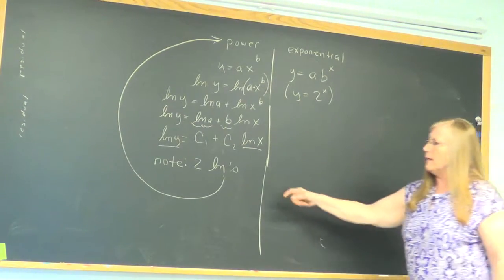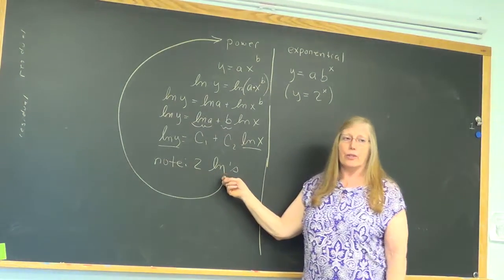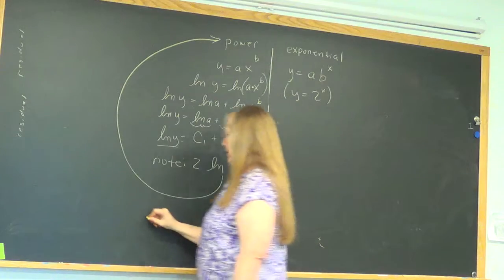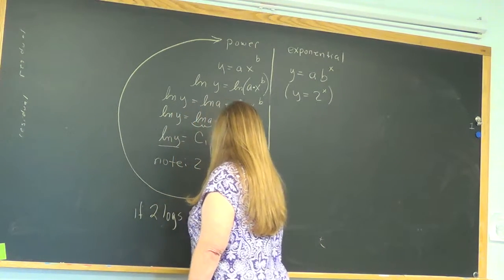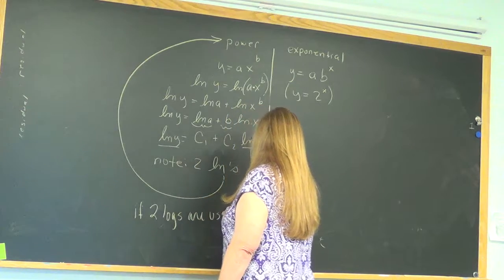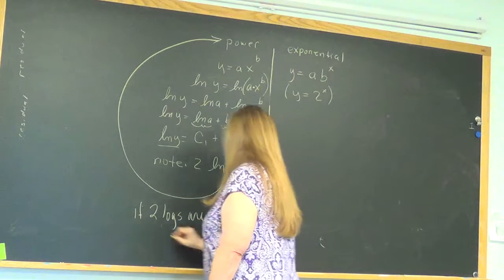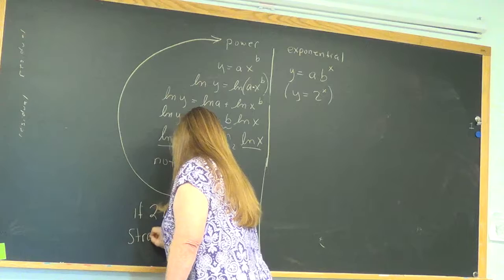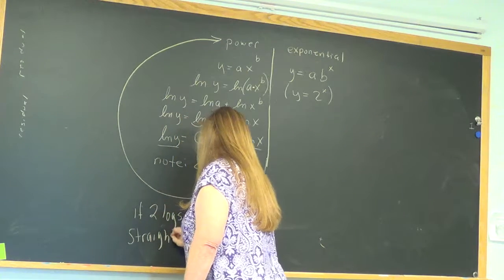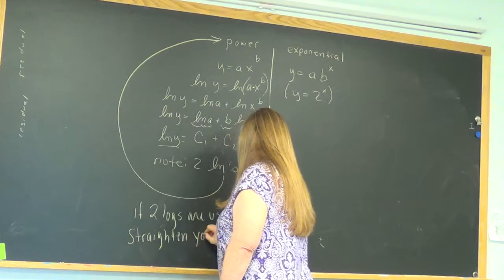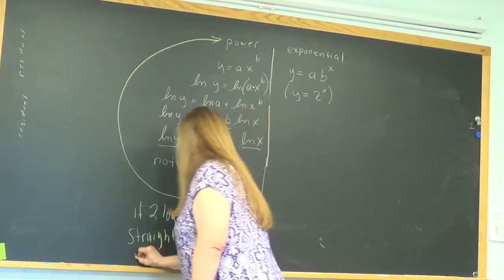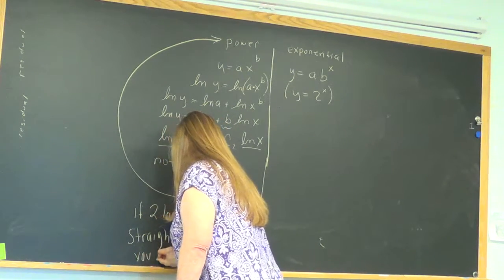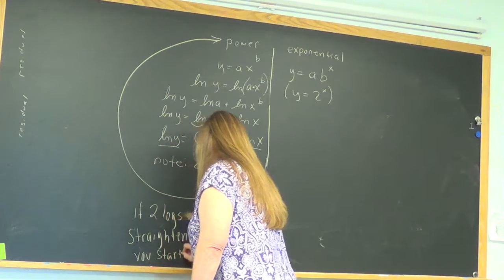So if two logs are used to straighten your data, you started with a power model.